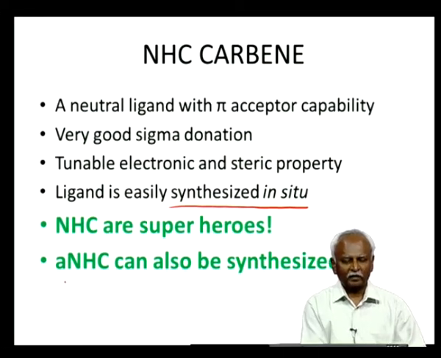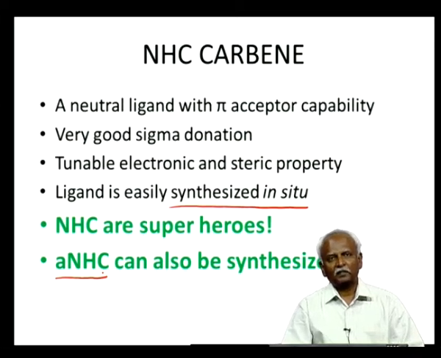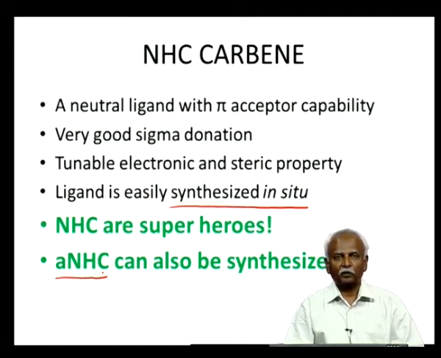The abnormal N-heterocyclic carbenes that we just saw can also be synthesized very easily in the coordination sphere of the metal atom, and they can be synthesized as isolable carbenes also. And so, they have been touted as very interesting species which can be used for catalysis.